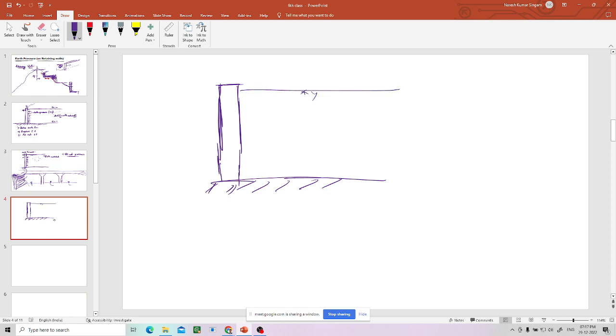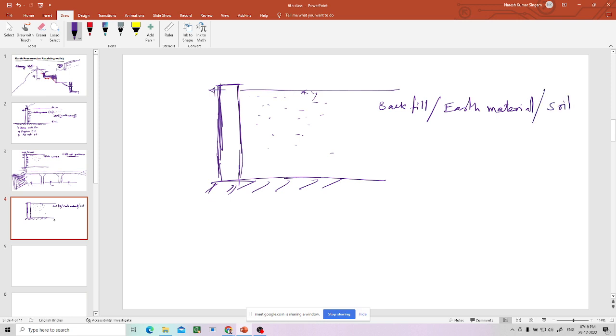When we are allowing this wall to move by some amount, the soil which is on the backside of this wall is also called backfill, also earth material, also soil.